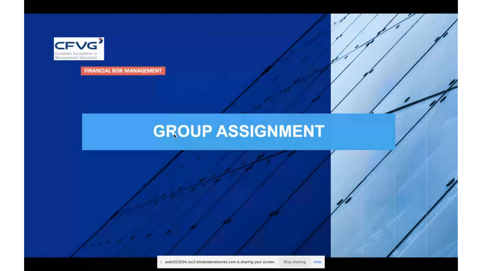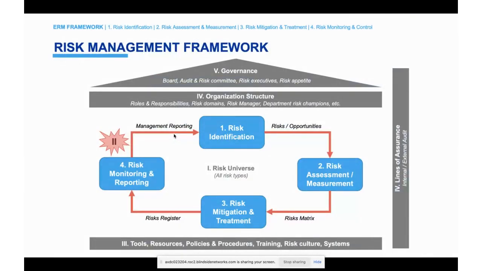I will present the work of group 3. First of all, in case we want to assess the risk of a firm, we will start with the risk management framework, which comes first from the risk universe. You will need to identify the material risks of your firm.